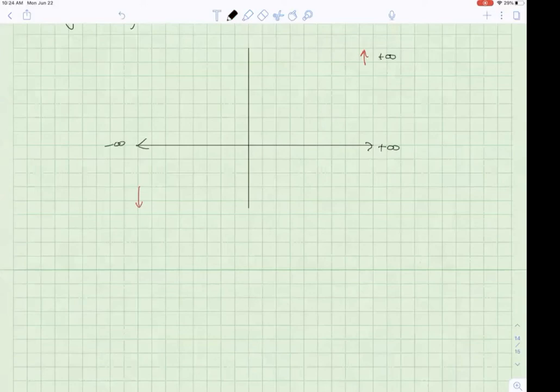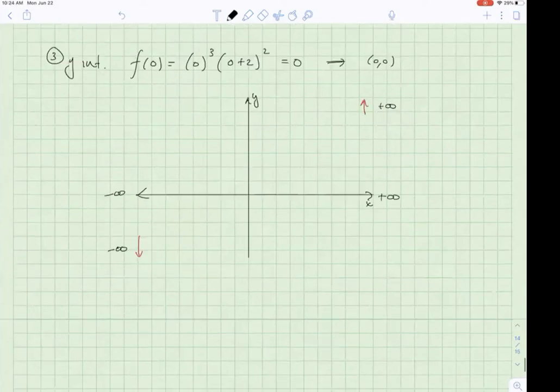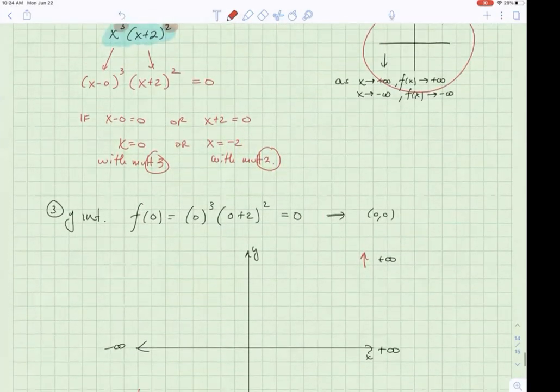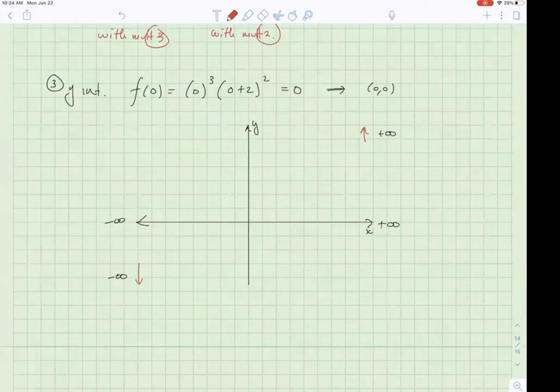And as x approaches negative infinity, the y values approach negative infinity. Y versus x axis here. We do know what our zeros are. Our zeros are -2 and 0. So that'll be -1, -2. And I have a 0 there and a 0 here.